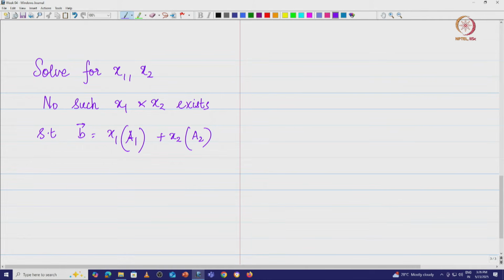When there is no treatment, we say there will be some kind of problem, but ensure that the problem that comes out of this issue, which is not being solved, is minimum. That is exactly what we are going to do here. We do not have an x1, x2, that means Ax is equal to B does not have a solution. So, what do we do?